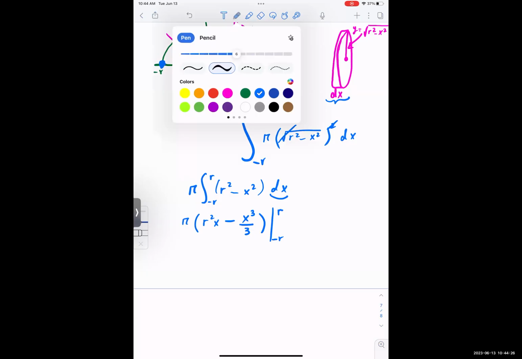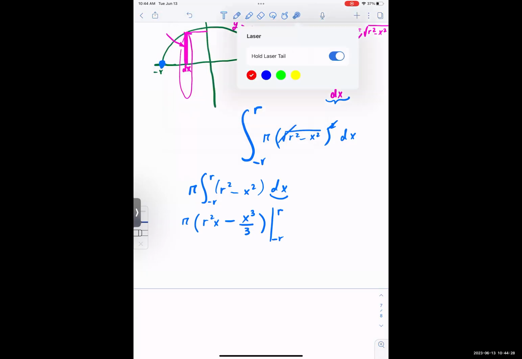Just keep in mind, I'm replacing x's with r and then with negative r for the lower limit.